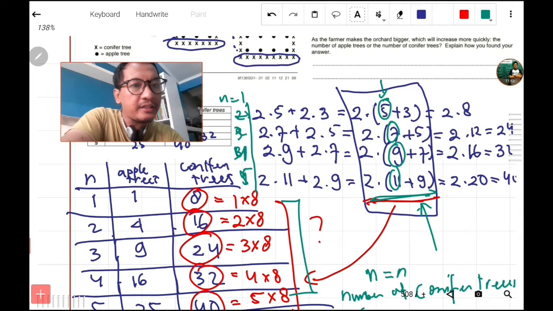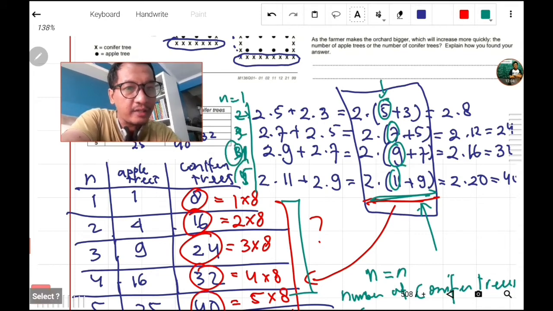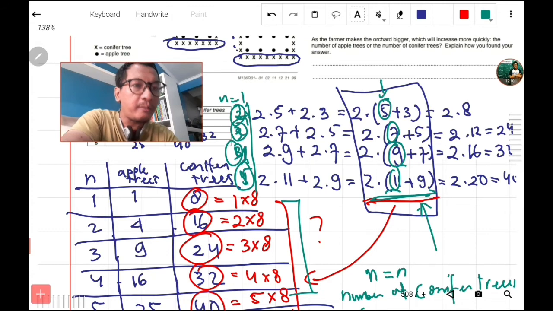I think its number is 2 times n plus 1, right? When 2 times 4 plus 1 is 9, 2 times 5 plus 1 is 11, 2 times 3 plus 1 is 7, and 2 times 2 plus 1 is 5.